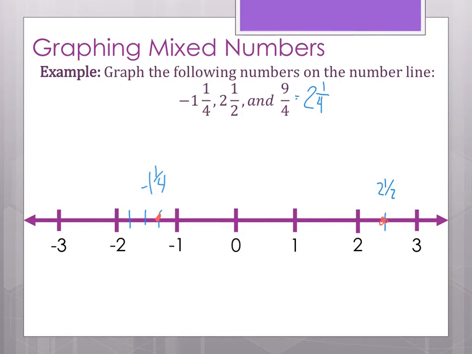And if we check our math, 2 times 4 is 8, plus 1 is 9. That's great, 9/4. That means we have 2 wholes and then 1/4 left over. So I'm going to go ahead and continue breaking this whole up into fourths. So again, 1/4 beyond that 2 is going to be this first fourth right here. So this is where my 9/4 would be placed. Now we have all of those numbers graphed.